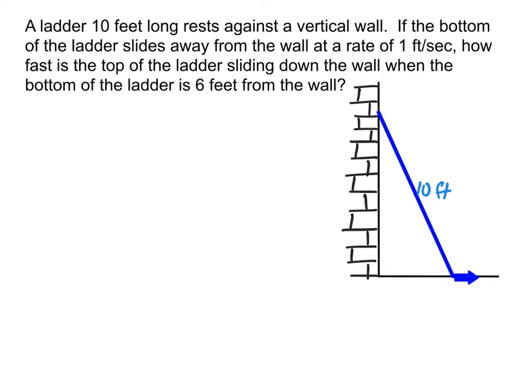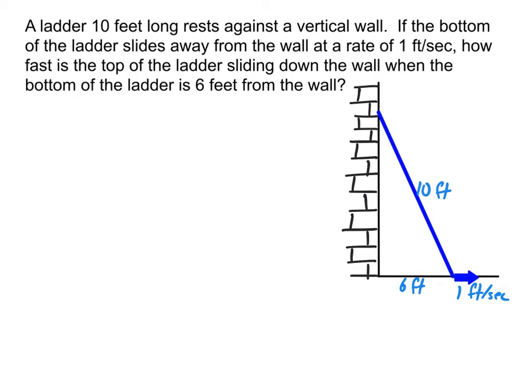The bottom of the ladder is moving away from the wall, hence why the arrow is pointing to the right here, at a rate of 1 foot per second. And then the last number that we know is when the bottom of the ladder is 6 feet from the wall. So the bottom of the ladder is going to be right down here from the base of the wall. So that's going to be 6 feet here.